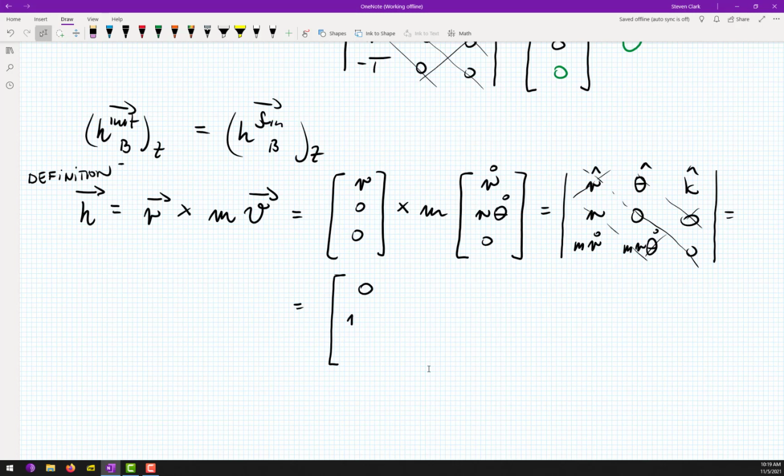This will be mr squared theta dot. No, this is also 0. Yeah, sorry. This will be mr squared theta dot. Okay, so this is our H.